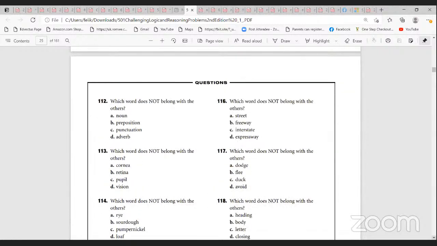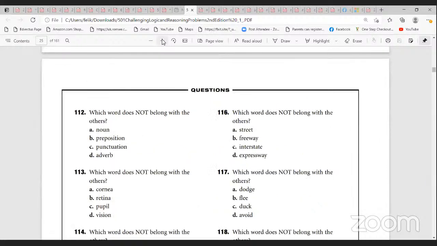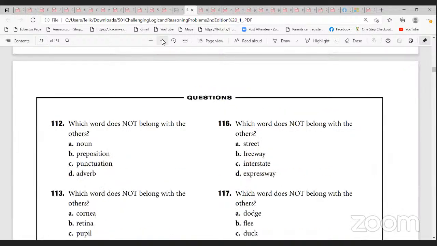Need to zoom in more, Jamar. Is that okay now, Jamar? Let me know, or do I need to zoom in some more? Oh, thank you, Jamar.